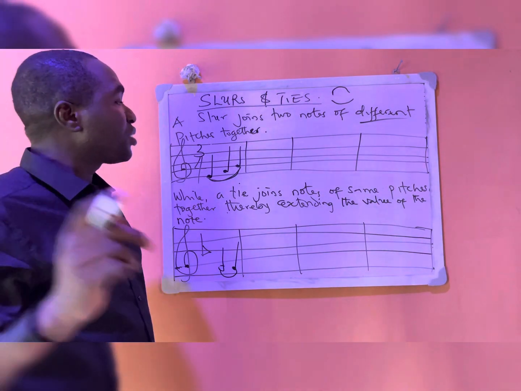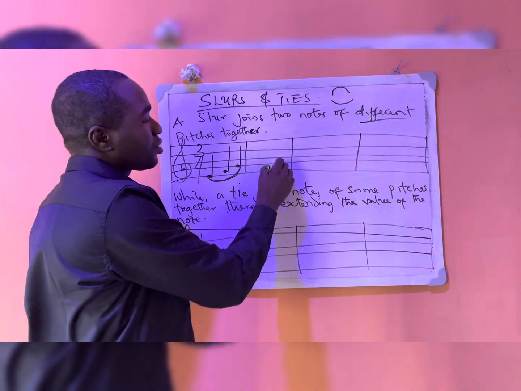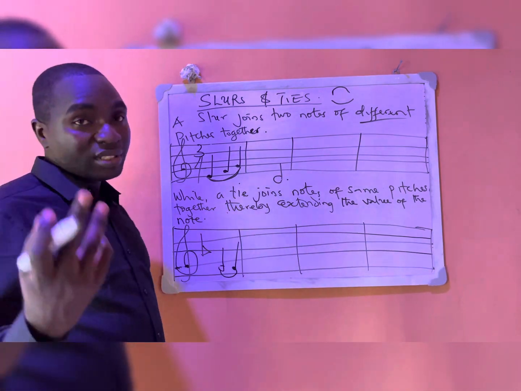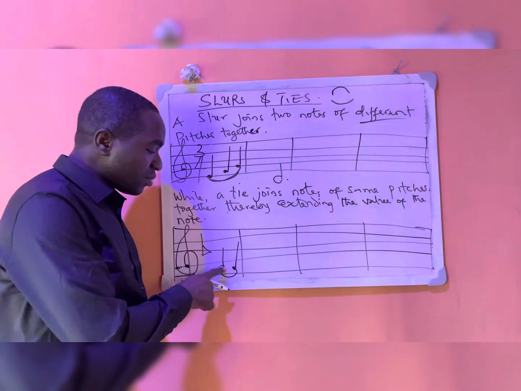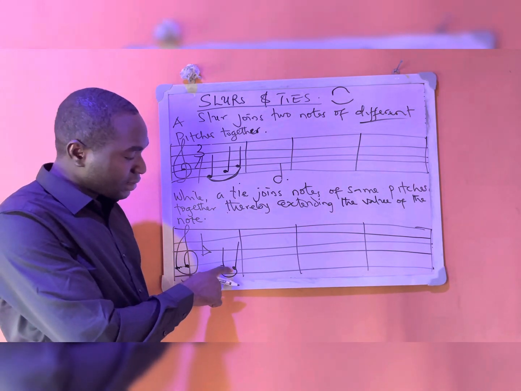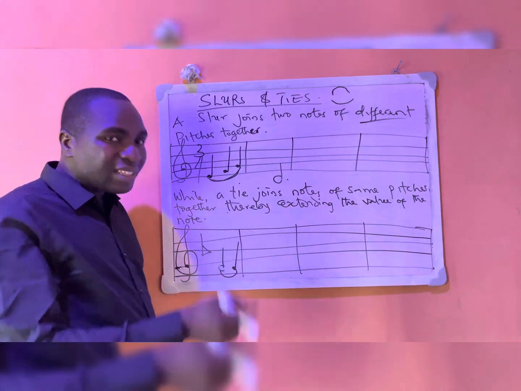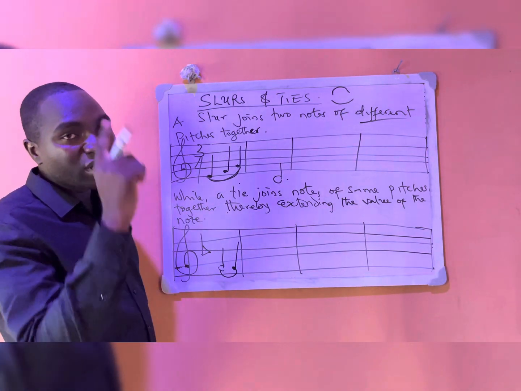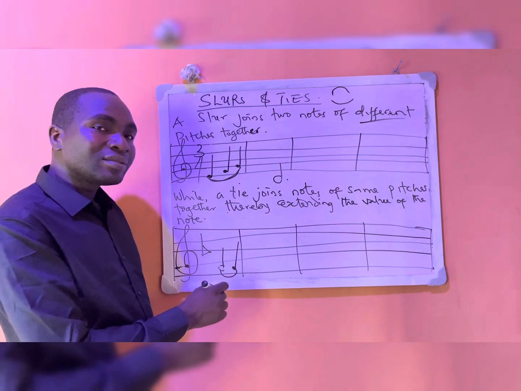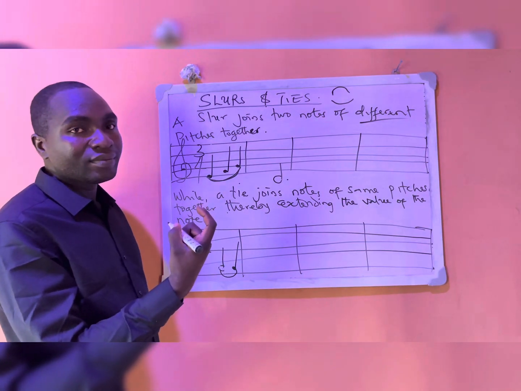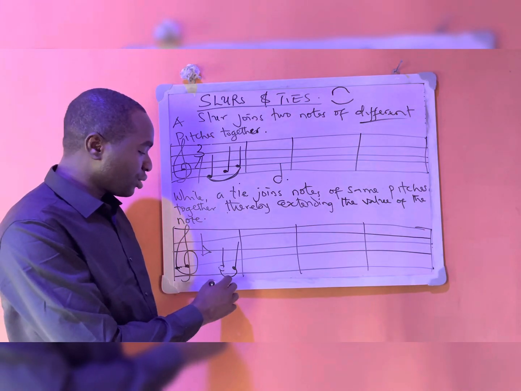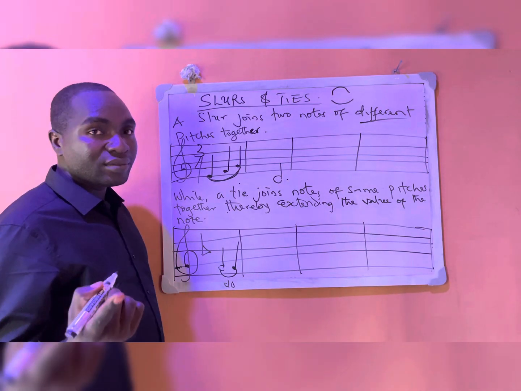If you cast your mind back to when we did dotted notes, a dotted minim gives you 3 beats. Now it's the same thing that's applied here. A minim and a crotchet joined together, tied together to make it 1. So this note now, that is 2 plus 1, that's 3. So if the solfa here is do, your do will be 3 beats.